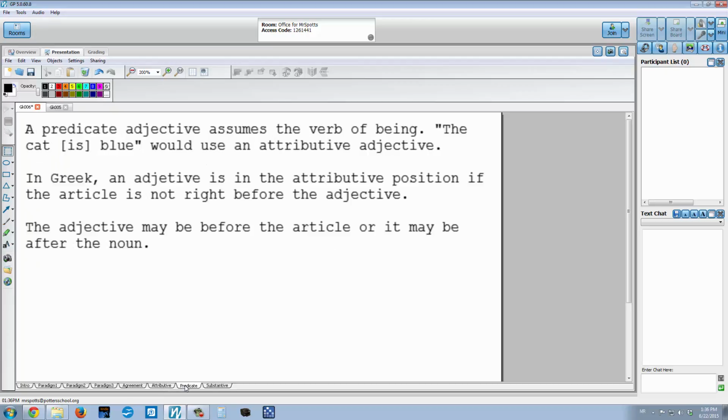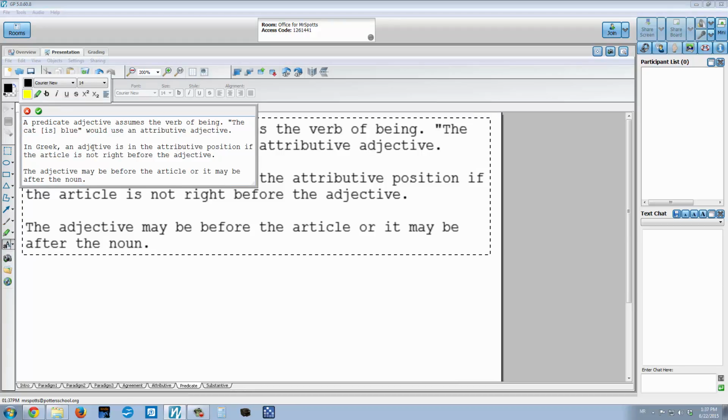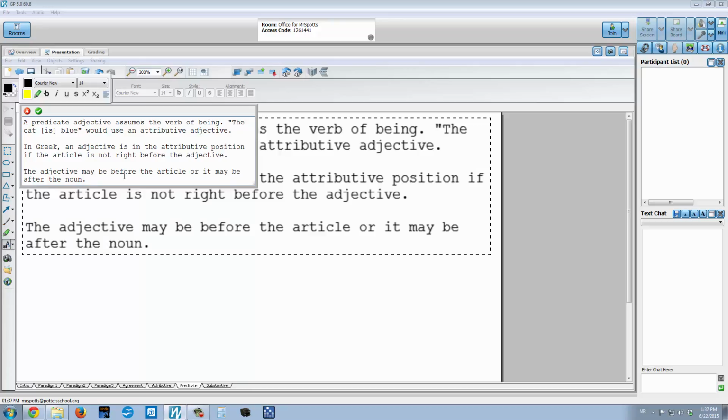We can use a predicate adjective, and a predicate adjective assumes the verb of being. The cat is blue would use a predicate adjective. So would the man is good. I should also have said this uses a predicate.